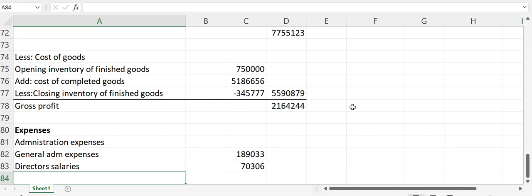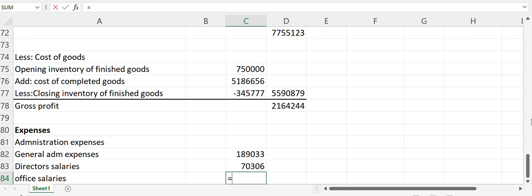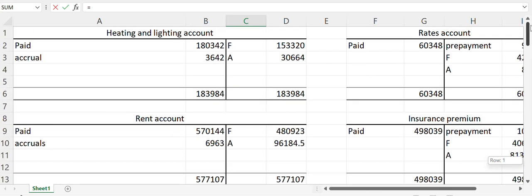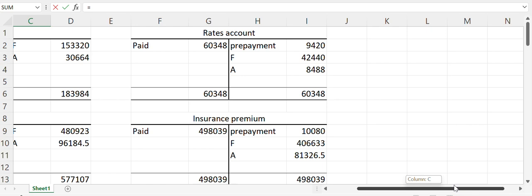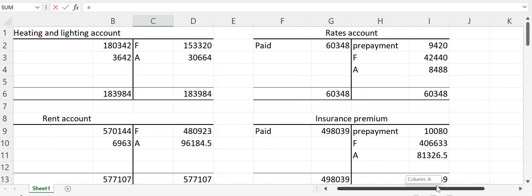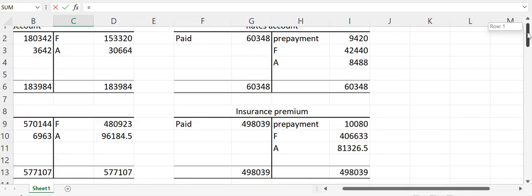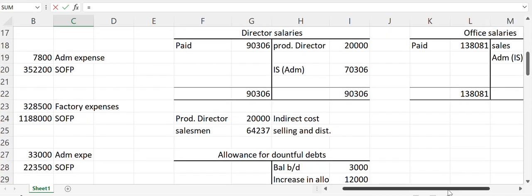Then we have the general salaries for the other employees, office salaries. We've also computed it, somewhere here, yes.